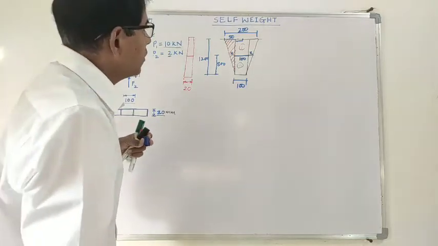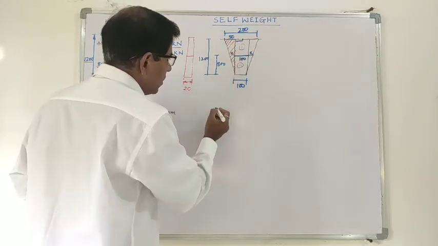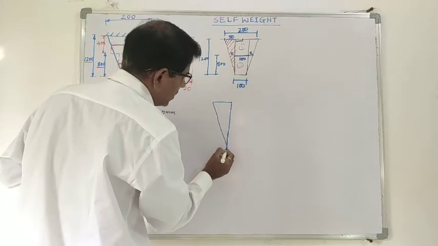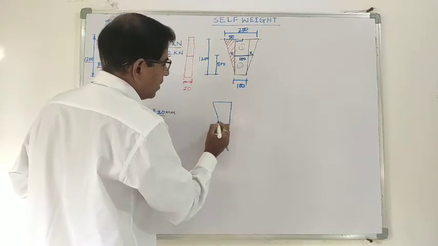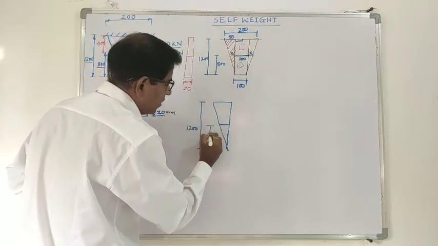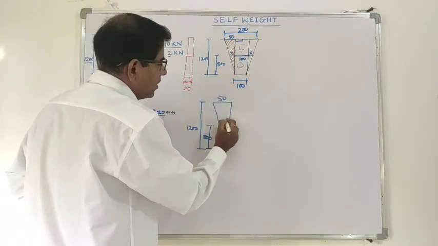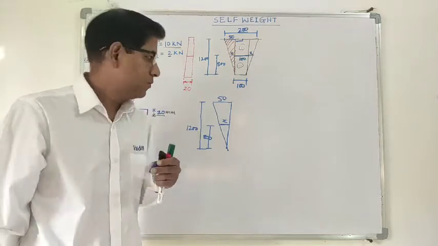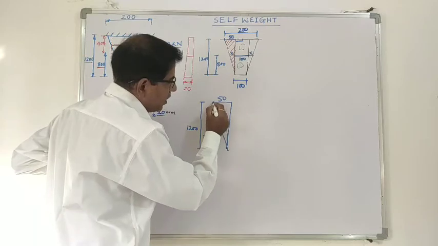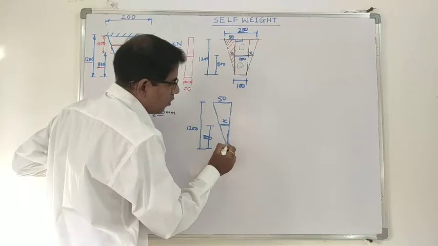Okay. So if you see this hatched triangle in isolation, then this is 1200, this is 800, this is 50, and this we need to find out as x. Now there are two triangles. One is the bigger triangle and another one is a smaller triangle.